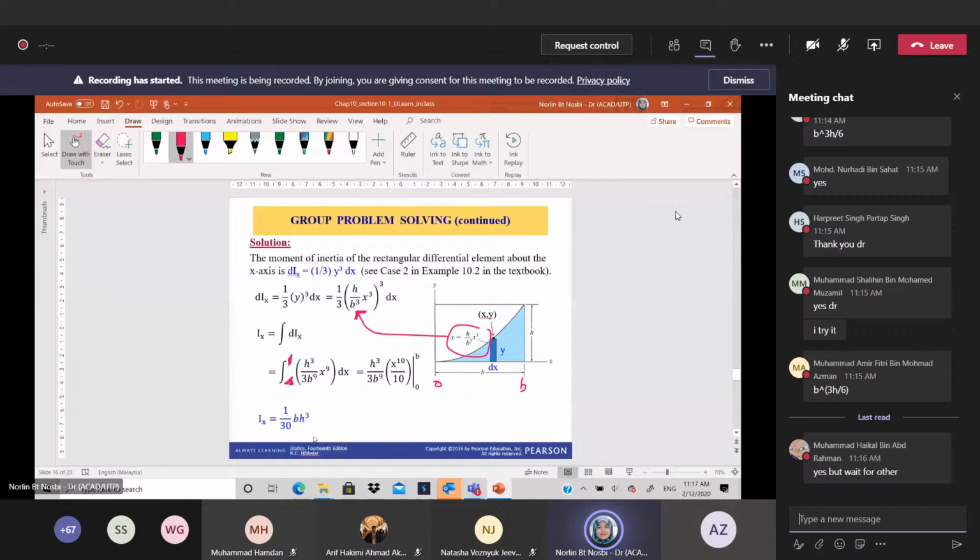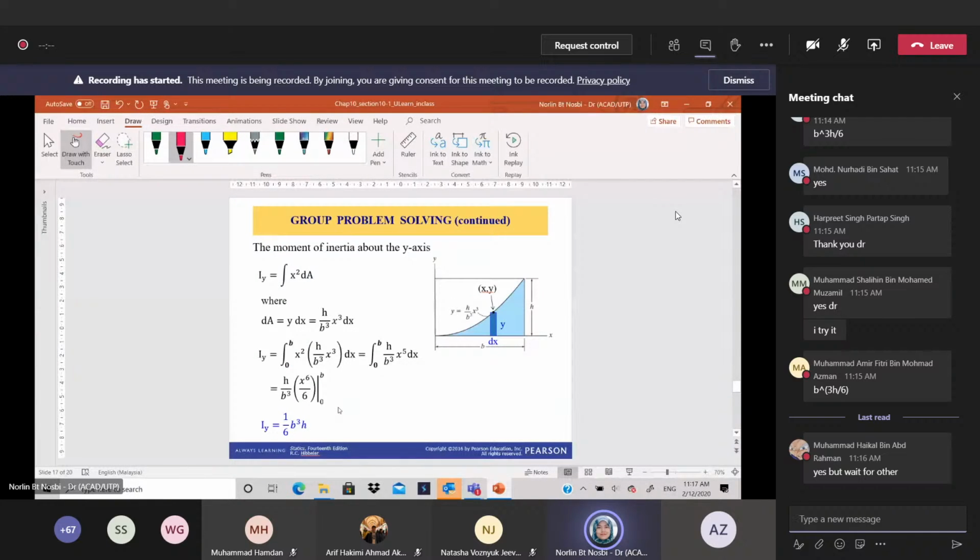Okay, now you know the Ix, you need to find the Iy. So you refer back, what is the formula for Iy? Iy is equal to the integration of x squared times dA. That is the formula. So you need to find the dA. Of course, you know dA is equal to y times dx. So you replace this back for dA.